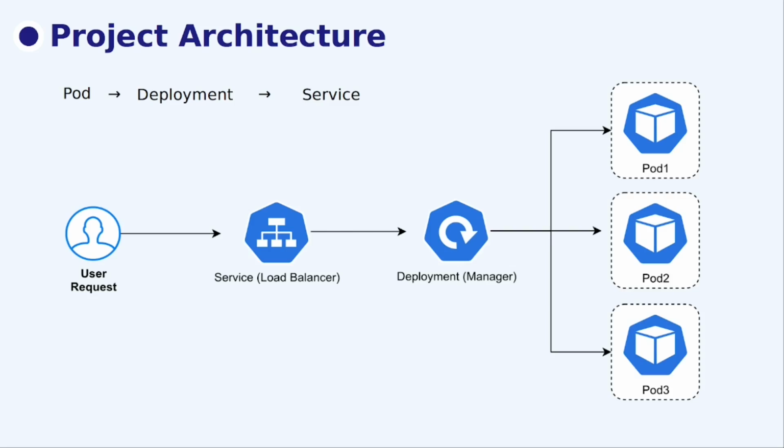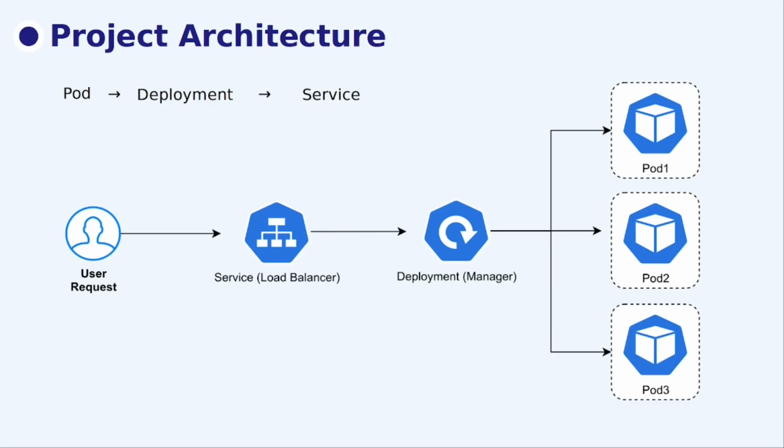Project architecture. Now let's look at the architecture of this project. The architecture is simple but reflects the typical structure of many Kubernetes applications. At the bottom level, we have the pods. Each pod runs one container that hosts the web application.